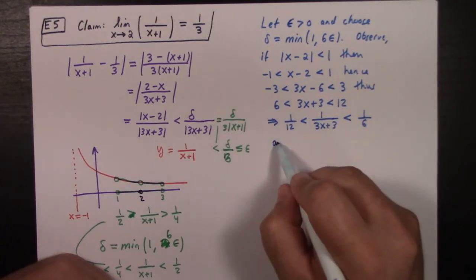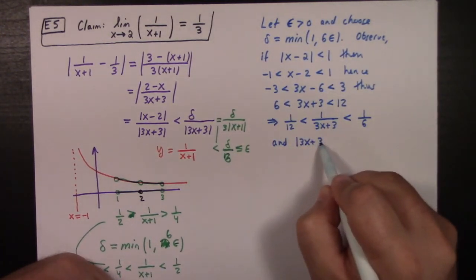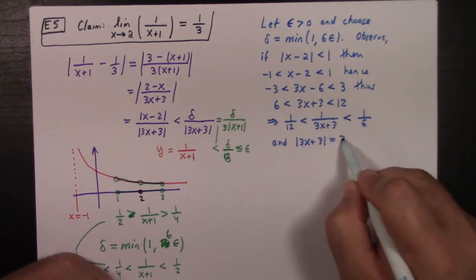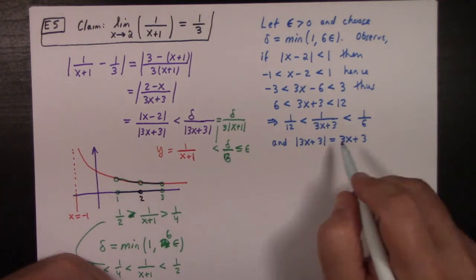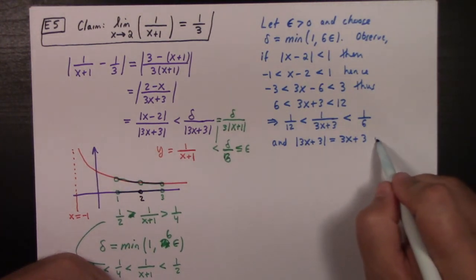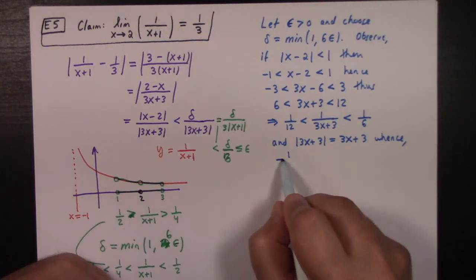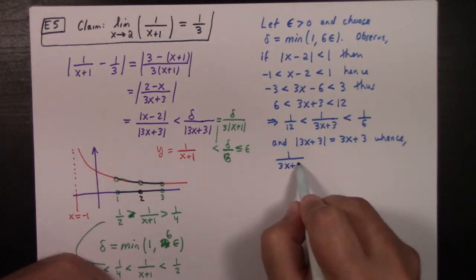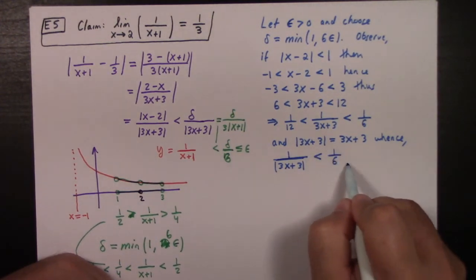And we also have that the absolute value of 3x plus 3 is equal to 3x plus 3, because this shows that that's a positive quantity, right? Whence, I don't get to use whence too much. Whence 1 over the absolute value of 3x plus 3 is less than 1/6. All right.